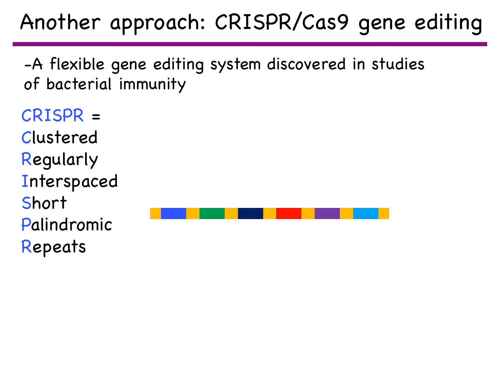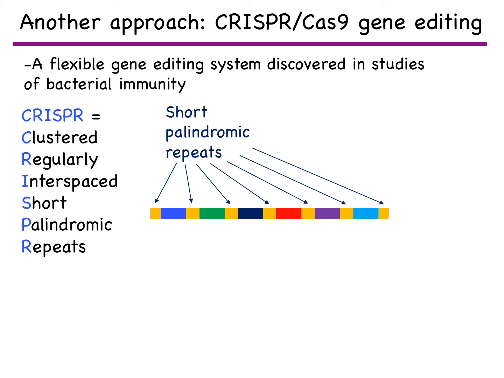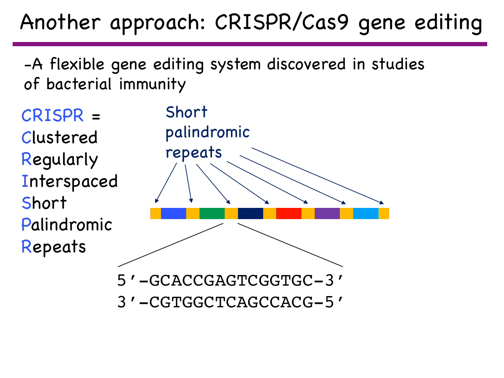These yellow boxes represent the short palindromic repeats, and this is just a small portion of the bacterial genome. If you look at the sequences of palindromic repeats, palindromes are sequences that read the same way in the forward and the reverse direction.